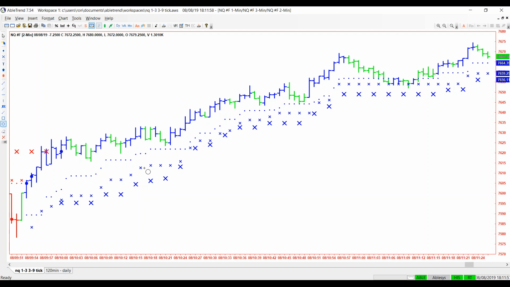Well, could have been worse. But the point is, to prevent give back, you can use the two green bar stop. Again, I don't even think about using that until I'm 8 to 10 points in profit on NQ, 2 points on ES, 2 points on the Russell.